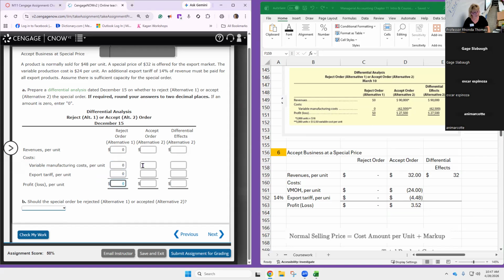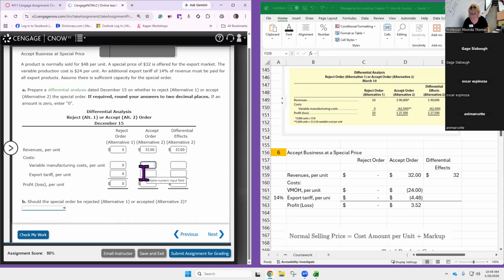So what it boils down to is, is the special price enough for us to either break even or still have a little bit of revenue? If this ended up being a negative number down here, we probably would say no. One more time, the new sales price is definitely going, and so it all boils down to how much the cost will be, and the fact that we had this extra tariff here, which wouldn't apply to our normal operations.